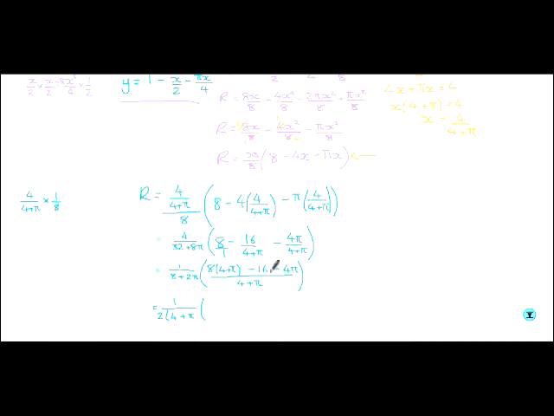Now, let's take our time and let's expand this. So we've got 32 take away 16. That's just 16. We've got 8 pi minus 4 pi, that's a positive 4 pi. And we've got 4 plus pi there.